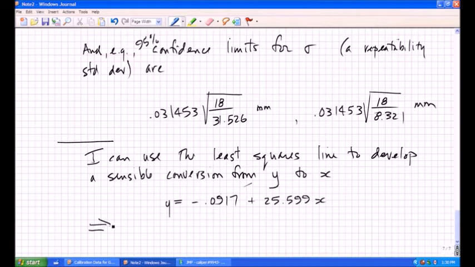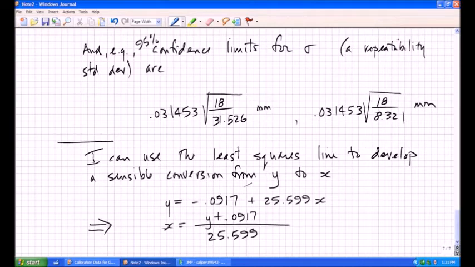So this implies that x then would be y plus 0.0917 divided by 25.599.